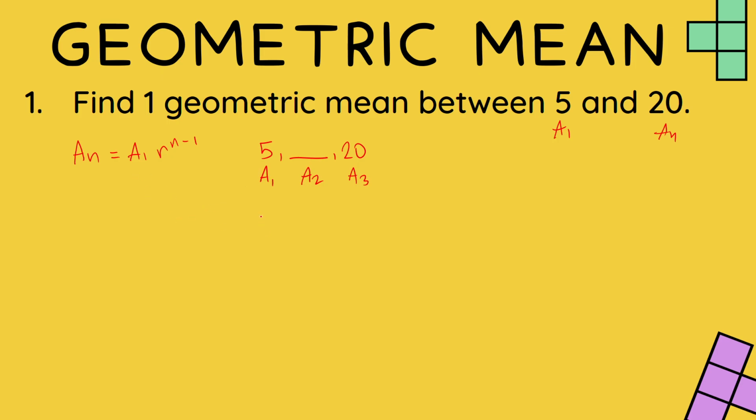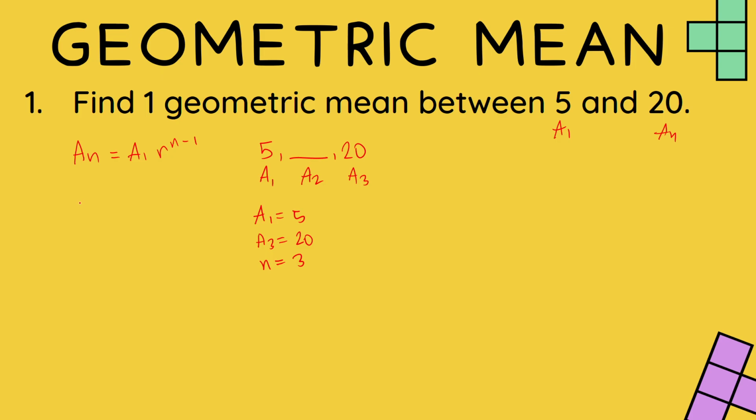So we now know that a sub 1 is equal to 5, a sub 3 is equal to 20, or a sub n, that's the last term, and n, because we have already counted, it's 3. So we now substitute everything.